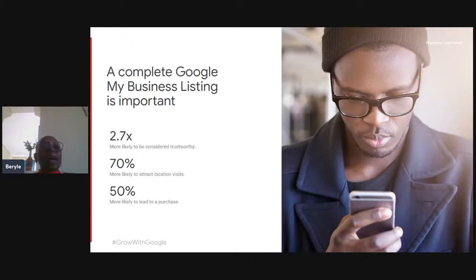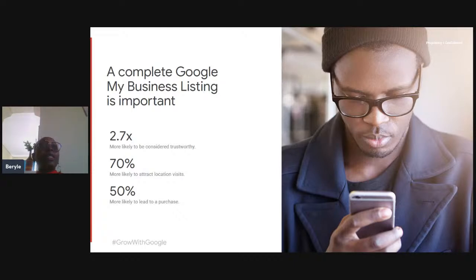So what makes a complete Google My Business listing important? People are 2.7 times more likely to consider you trustworthy. If your business has a Google My Business profile, you're 2.7 times more likely to be considered trustworthy because during the verification process, Google does some due diligence on the profile before they verify your business.